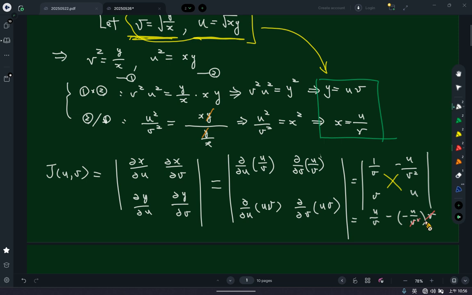Then finally, we will have 2u over v. Right? u over v comes from this part, minus these two terms times together. So finally it will be 2u over v. So right now we already prepared the Jacobian.